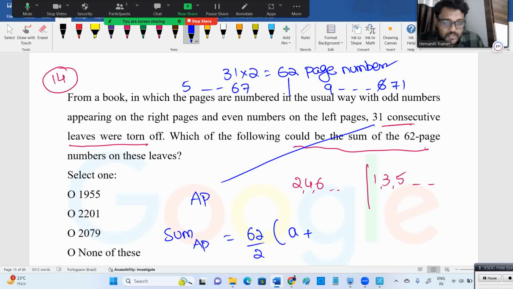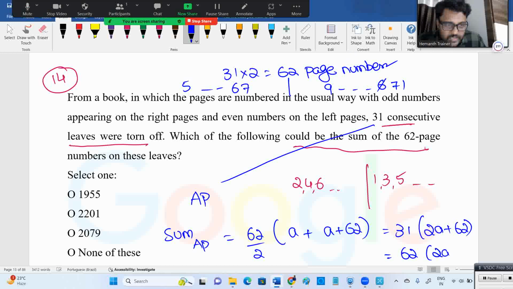The last page will be A plus 62, right? So this should be 31 into 2A plus 62, or I can say 62 into 2A plus 31. So my answer should be divisible by, sorry, A plus 31 should be divided by 62.